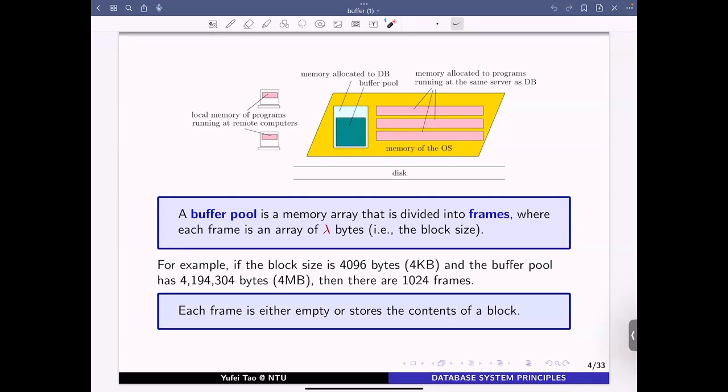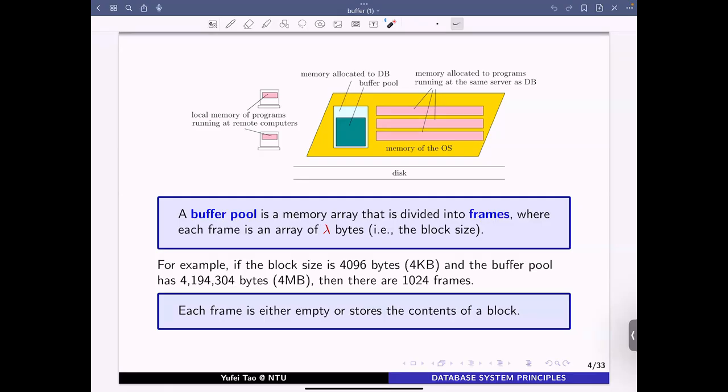In my opinion, it would be nice to use two separate terms so that whenever I talk about frame, immediately you know that I'm talking about something inside the buffer pool. I think this is going to make it clearer. However, other than that, a frame, you can think about it as the memory counterpart of a block on the disk.